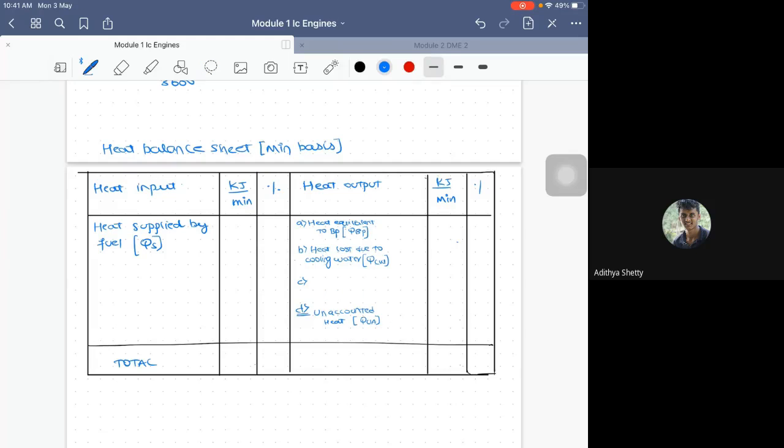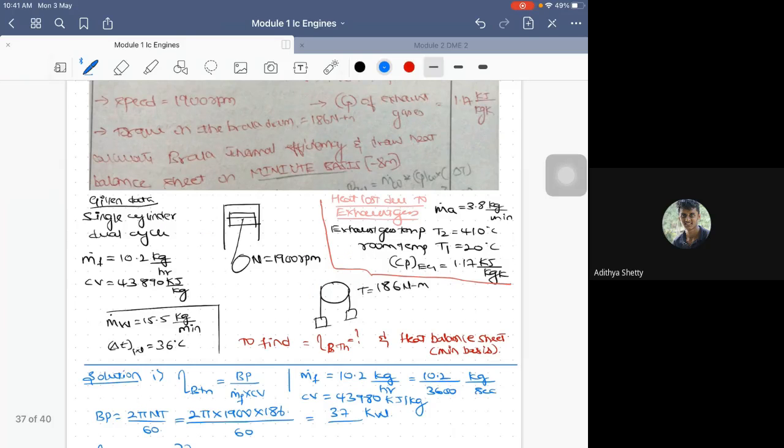The special thing given in this problem is that they ask to calculate heat lost due to exhaust gases, since the exhaust gas parameters are given. See, all these parameters are given, no? So that's why you have to calculate heat loss due to exhaust gases. All the other things remain the same.